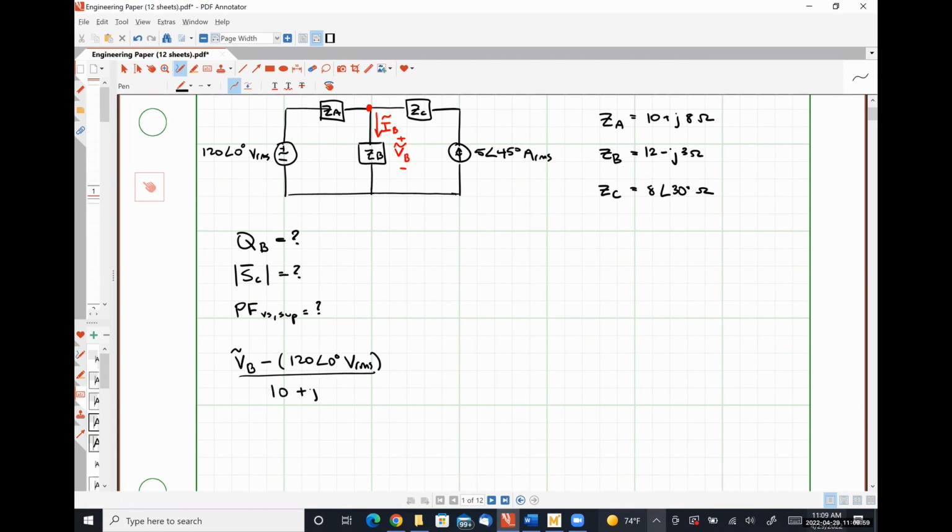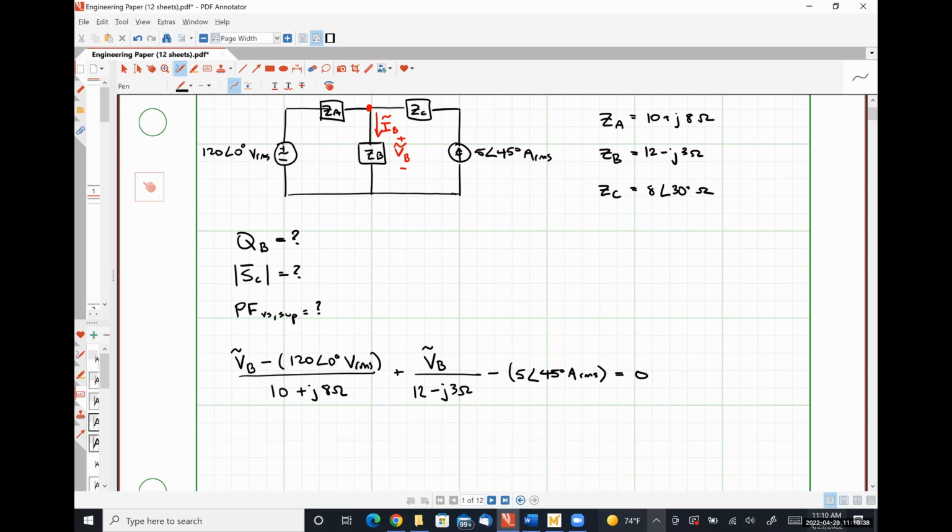So that's 10 plus J8 ohms plus my unknown voltage VB divided by my impedance ZB. So that's 12 minus J3 ohms minus 5 angle 45 degrees amps RMS is equal to 0.